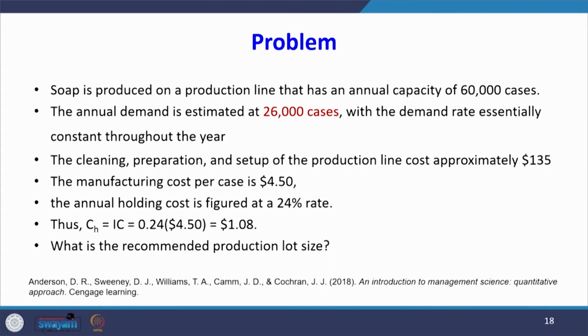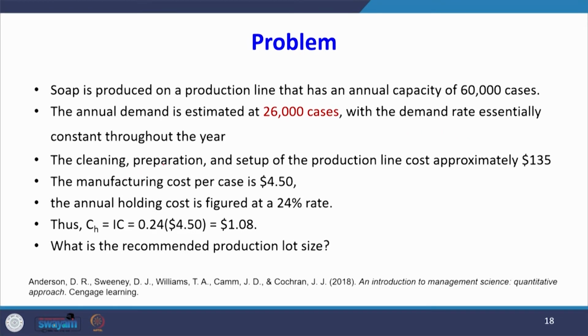Now, we will take one sample problem, then we can find the economic production lot size. A company is producing soap. The soap is produced on a production line that has an annual capacity of 60,000 cases. The annual demand is estimated at 26,000, with the demand rate essentially constant throughout the year.